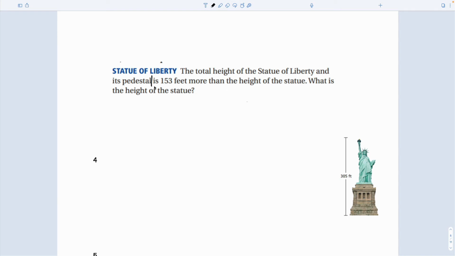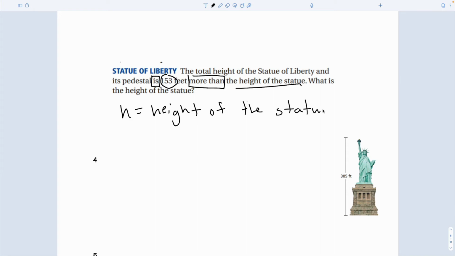Is more than. Remember to start with your variable. Be careful, this sneaky number is over here.